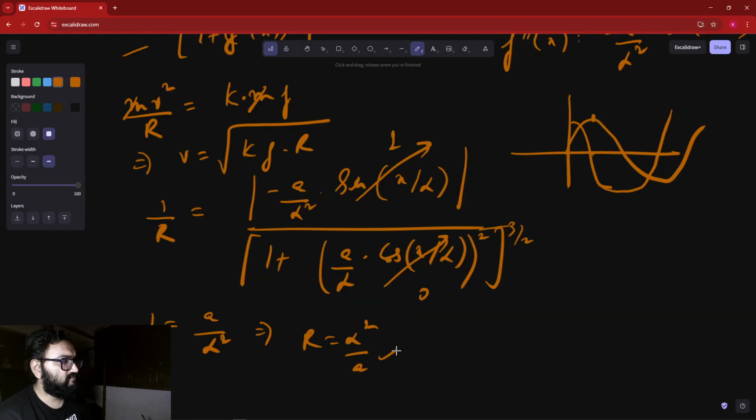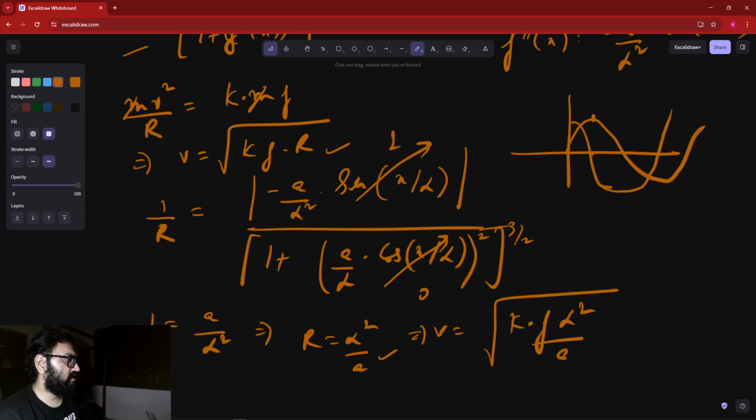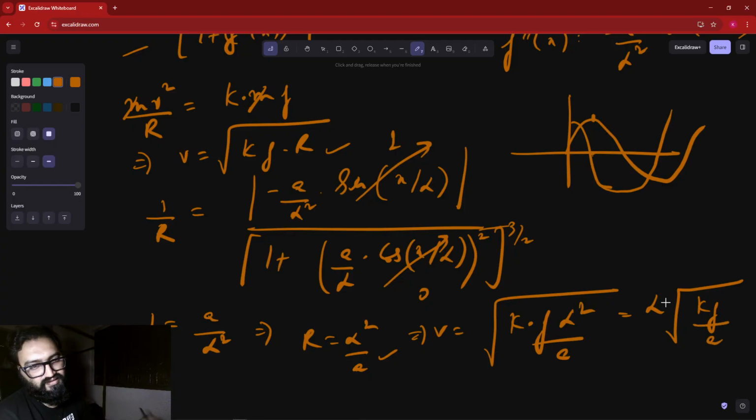So if I put in this value of r in here, I get v as root over k times g times alpha square by a. So this gives me the value of v as alpha times root of kg by a. This is my velocity, the maximum velocity.